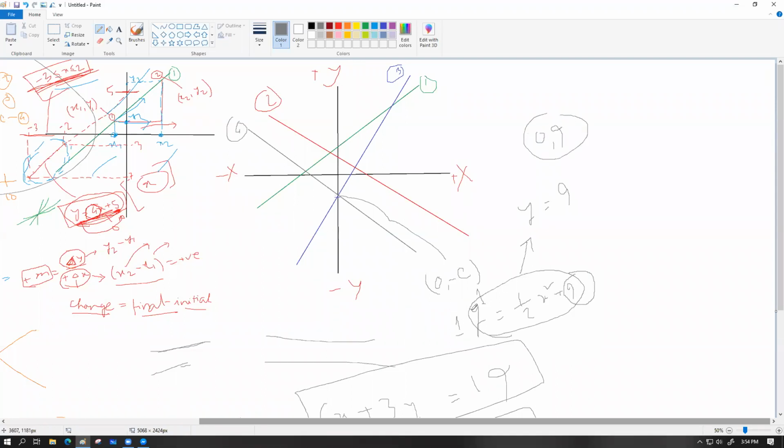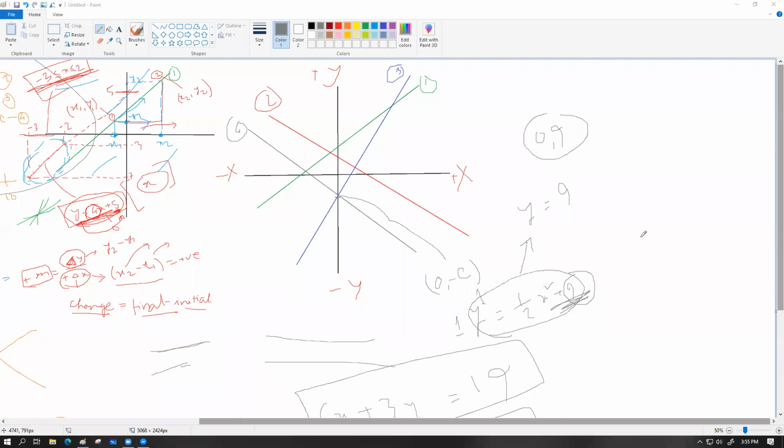Which means if you make your y absolutely free of everything, meaning its power is 1 and its coefficient is also 1, in that case, that number would give you the y-axis intercept. It means the exact location where the graph, curve, or straight line cuts across the y-axis.